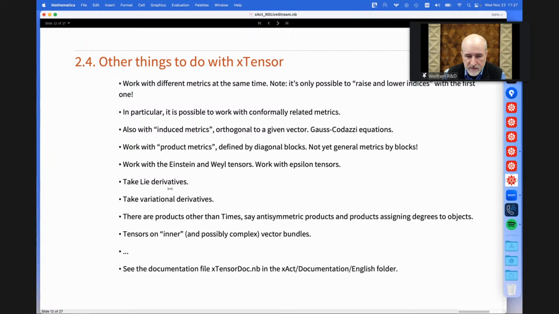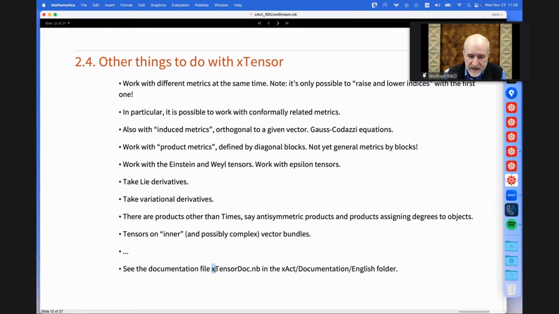There are other types of derivatives, like Lie derivatives, variational derivatives. You can work with other products. I'm just working with tensor products here, but there are other products, say antisymmetric products to work with differential forms. There are products to work with Lie brackets, things like that. You can work with internal bundles, as in particle physics, possibly complex. So there are an enormous number of things you can do with xAct, and all its extensions.